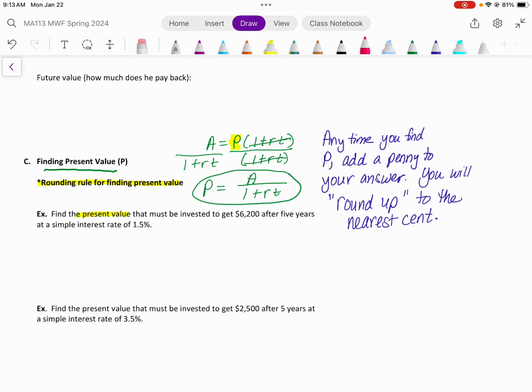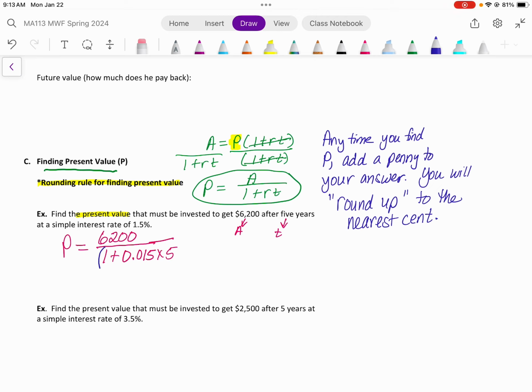So we're going to find the present value that must be invested to get $6,200 back after 5 years. So this is your A, there's your time, and our interest rate is 1.5%. All right, so it says to take A, divided by 1 plus R, 0.015 times time, which is 5. And let me rewrite that just a little bit. Okay, with your calculator here, you need to be really careful.